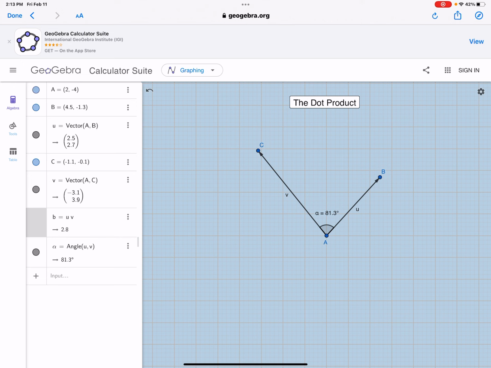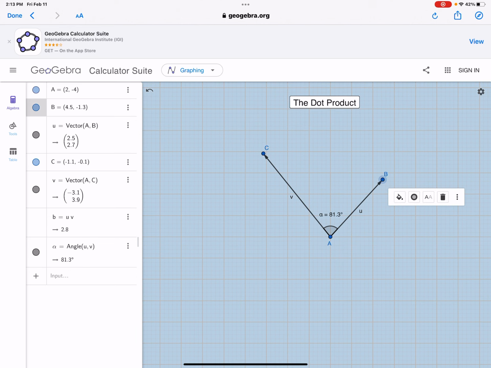As you can see, the number below b here is 2.8, which indicates that u dot v has a value of 2.8. So I'm going to make this angle equal to 90 degrees and see what happens to the value of b, which is basically u dot v.